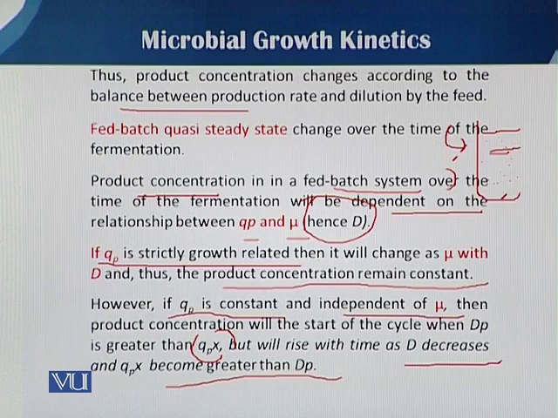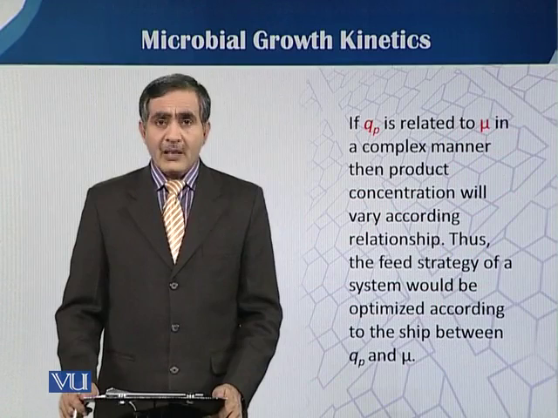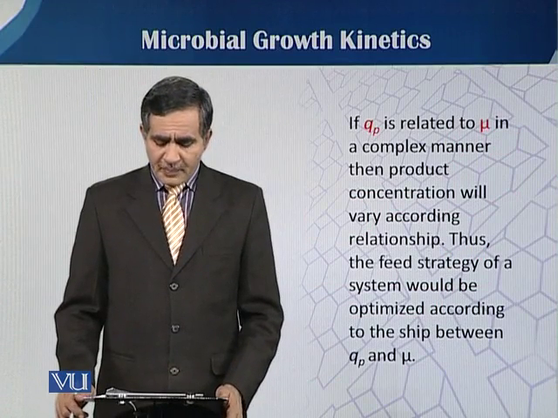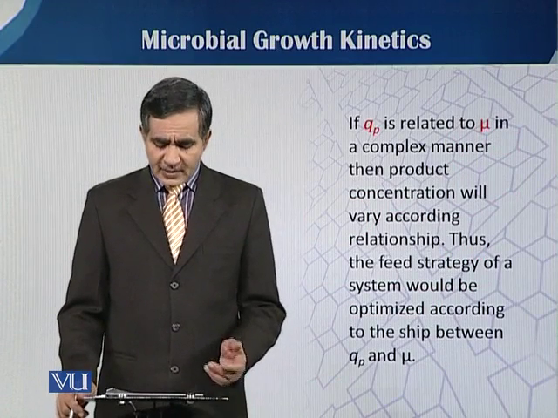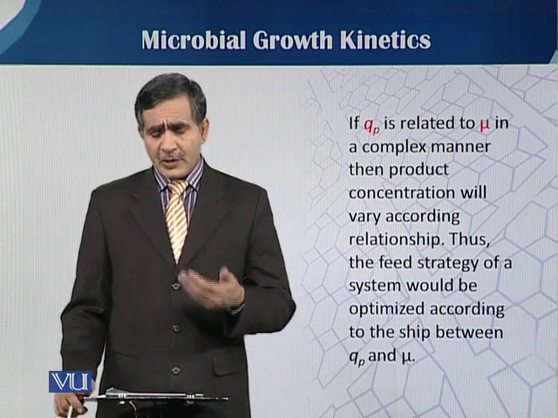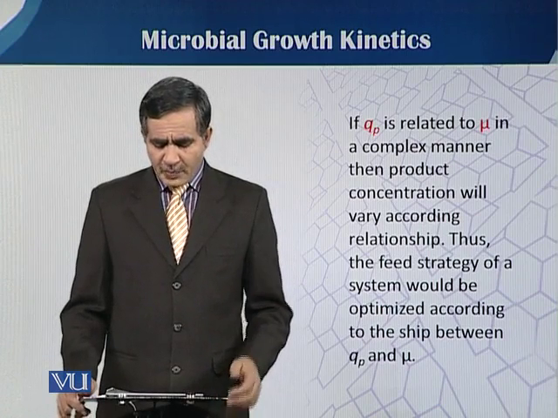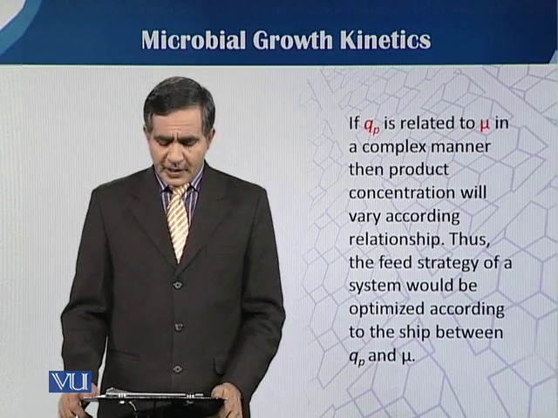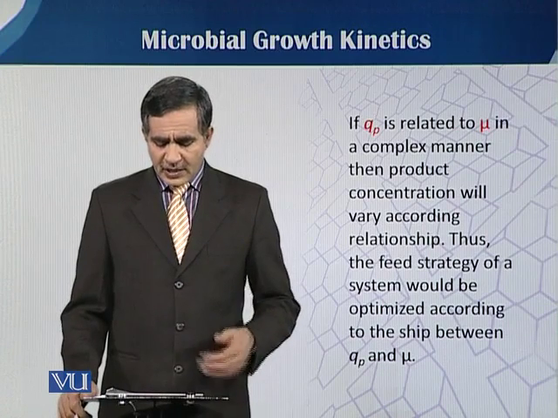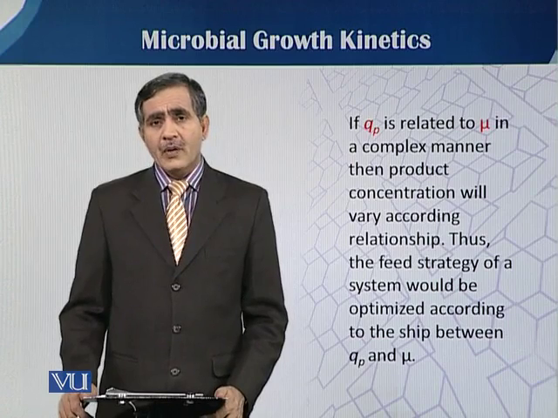X will increase and P will also increase. If qP is related to mu in a complex manner, then the product concentration will vary according to the relationship, as I already told you. Thus, the feed strategy of the system would be optimized according to the relationship between qP and mu.